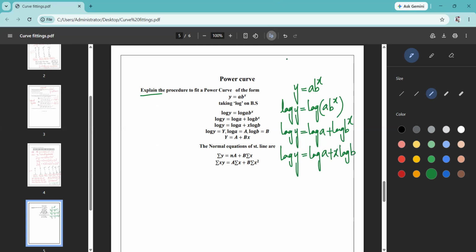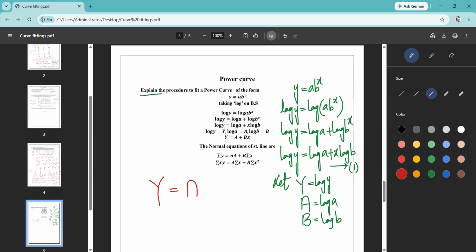After that, let us assume that capital Y takes the place of log y, capital A is replaced with log a, and log b will be replaced with capital B. So equation number 1 will become capital Y is equal to A plus B x.